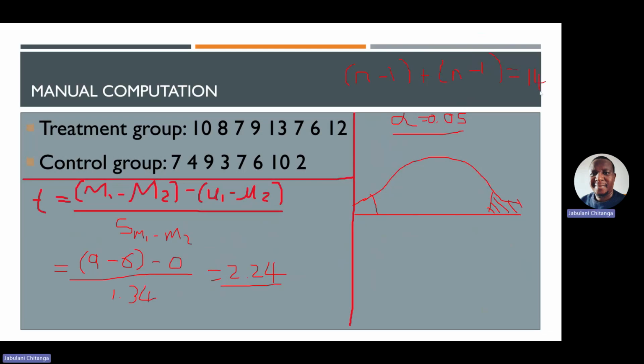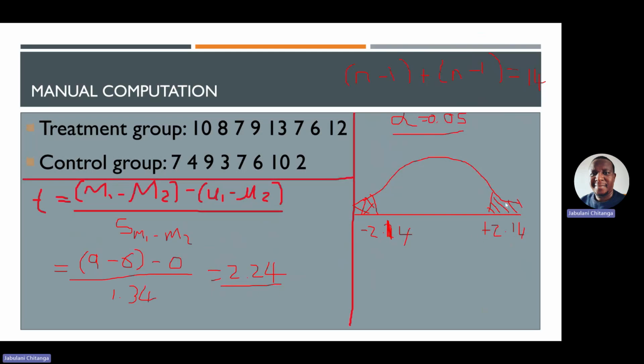So it's 8 minus 1, that's 7, plus 7, 14. So you check under degrees of freedom 14 under 0.05 in a two-tailed table. You're going to obtain a critical value of 2.14, and negative 2.14. It's two-tailed, so it doesn't matter if it is negative or positive. It is possible that this value can be negative, but if it's two-tailed, the sign is almost ignored.